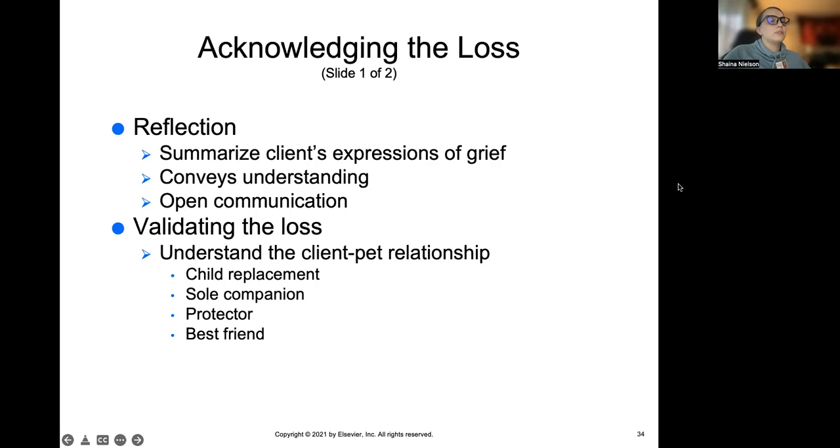That's important too. With our owners, we want to acknowledge their loss and validate them. Really, really important. We're going to be reflecting and summarizing that client's expressions of grief. We want to convey our understanding towards the situation and really open it up for any open communication if they want to talk. We don't have to be there.